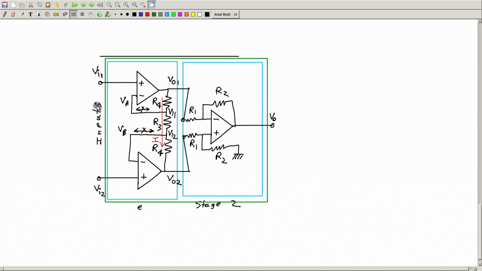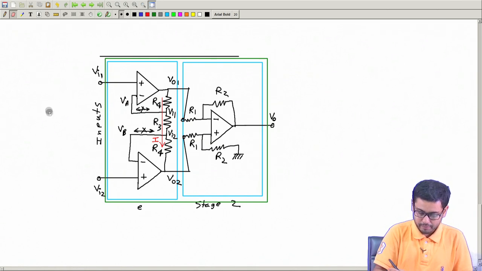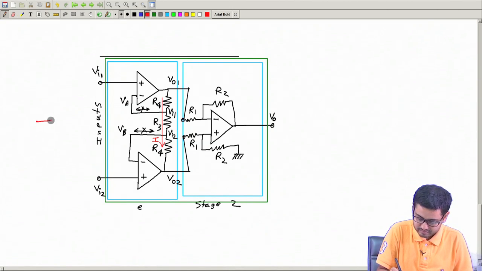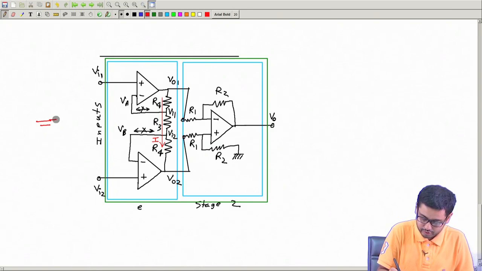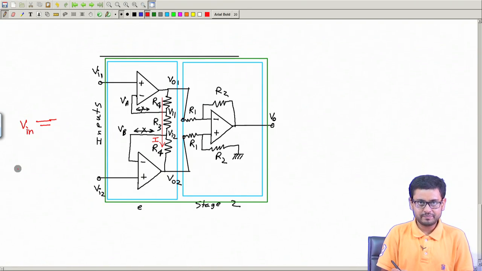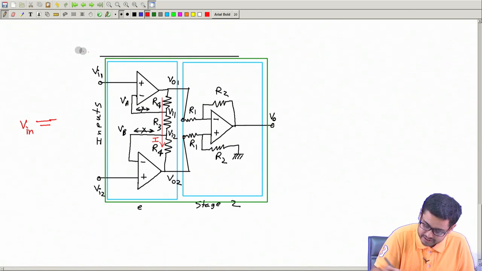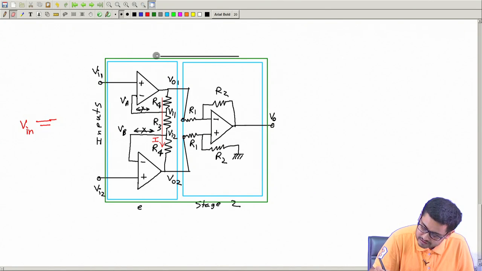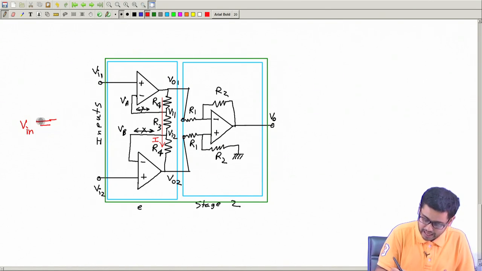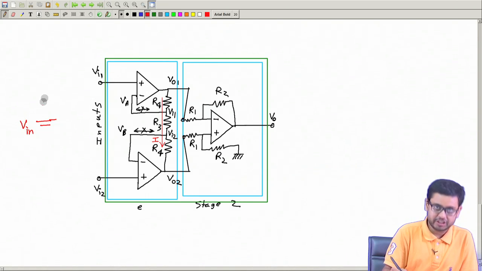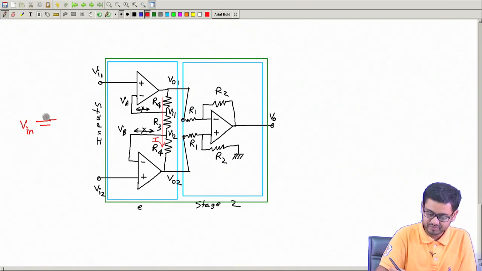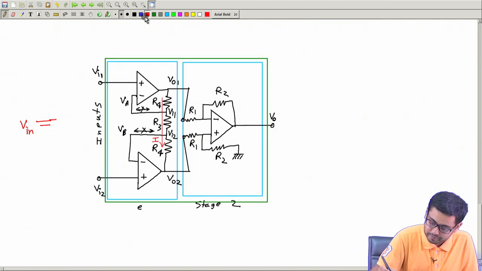Suppose you have a battery which has a voltage, call it Vin, a small battery, and you want to amplify this voltage, and then you possibly will measure it. So what you will do, you can connect it like this.